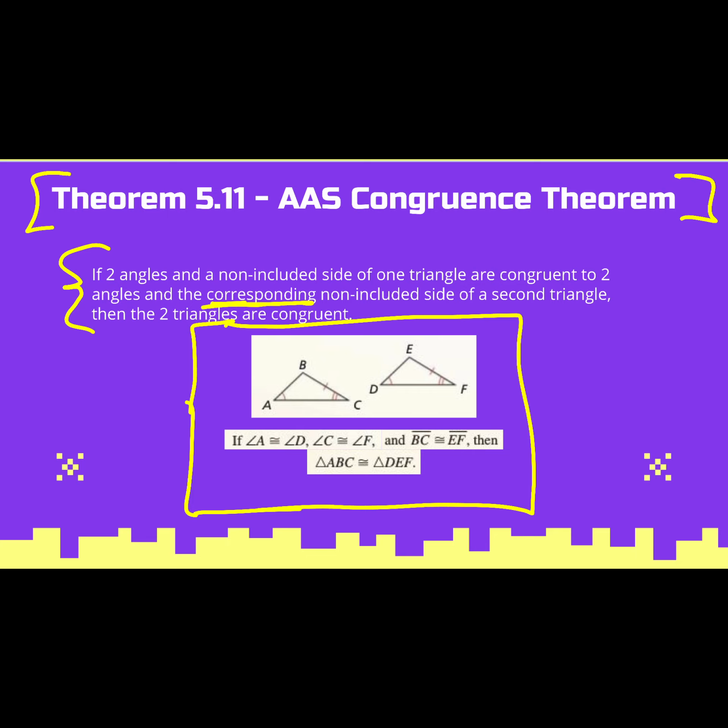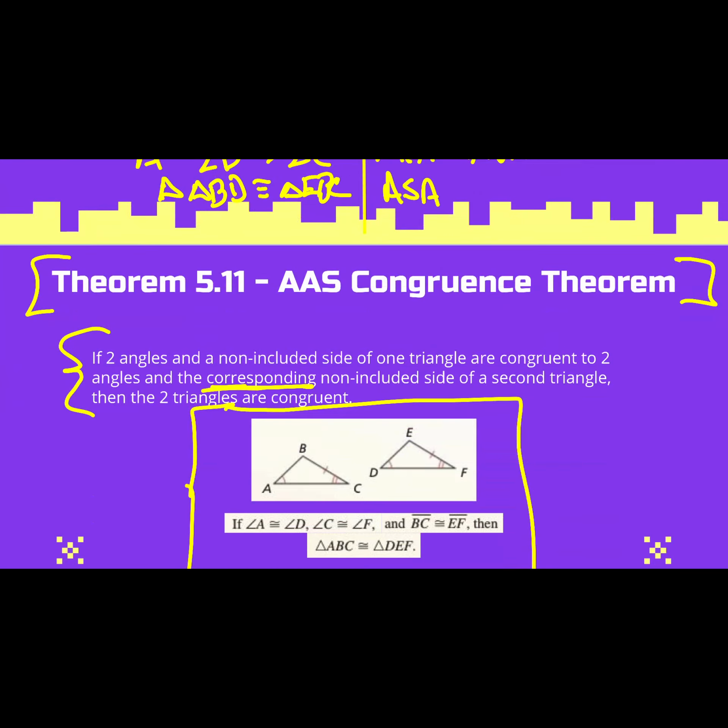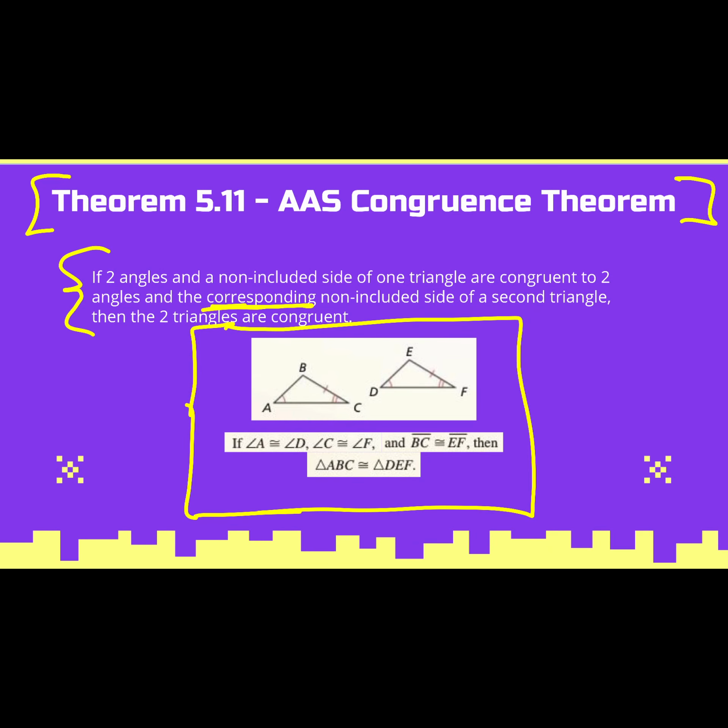The difference between angle, side, angle and angle, angle, side is that with angle, side, angle, we use a side and then the two included angles. That's angle, side, angle. With angle, angle, side, we do not use the two included angles.